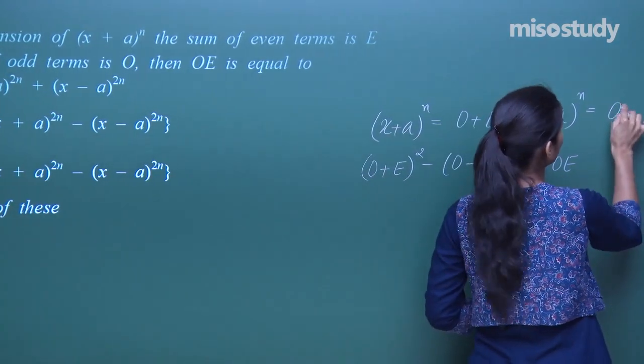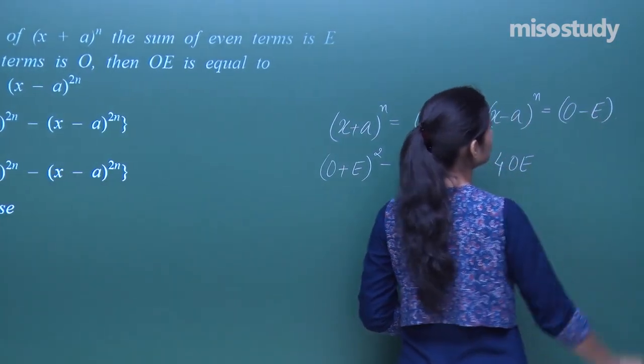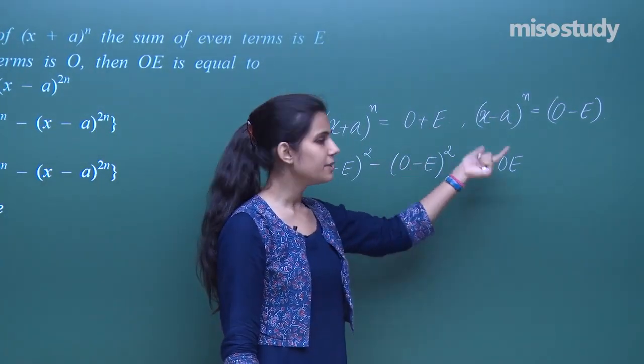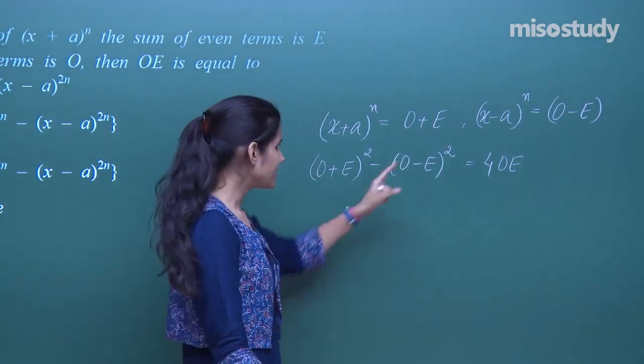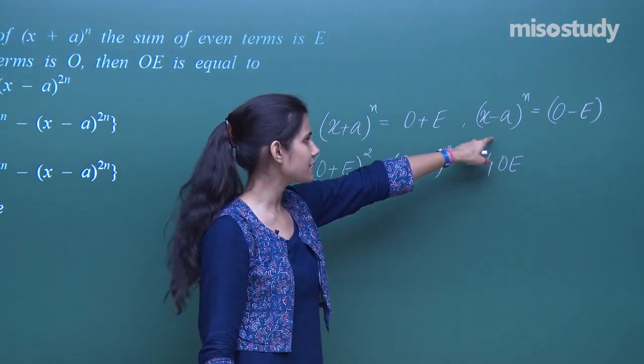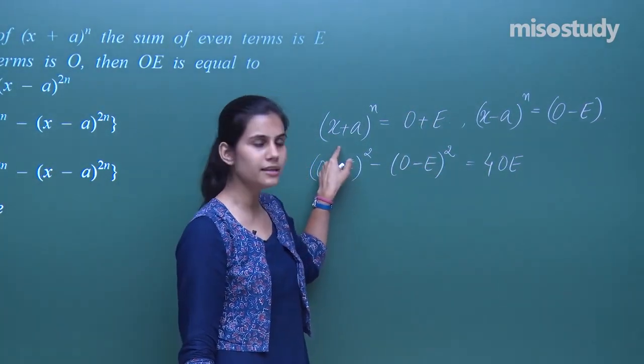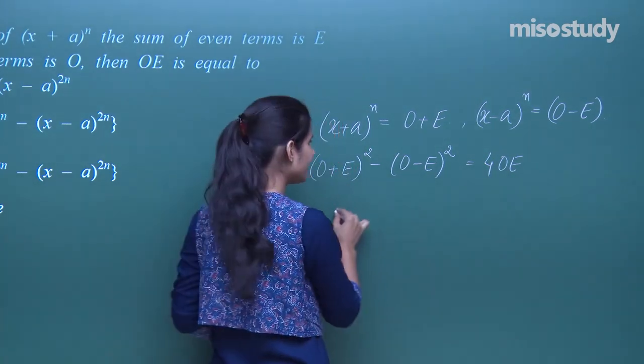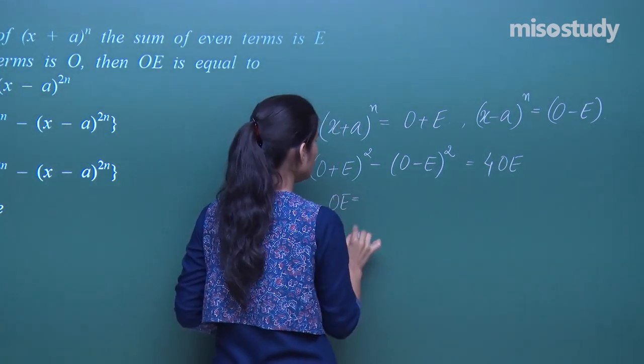This will be equal to O minus E, isn't it? If this is O plus E, this will be O minus E, right? That's how the expansion of (x minus a) to the power n differs from (x plus a) to the power n.